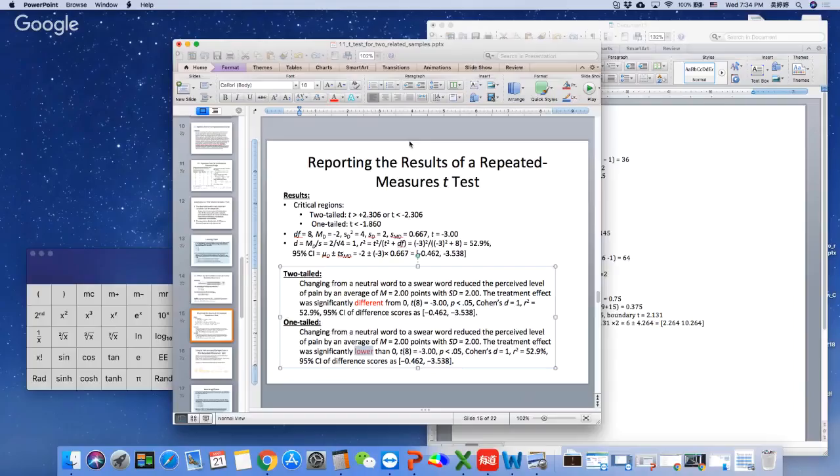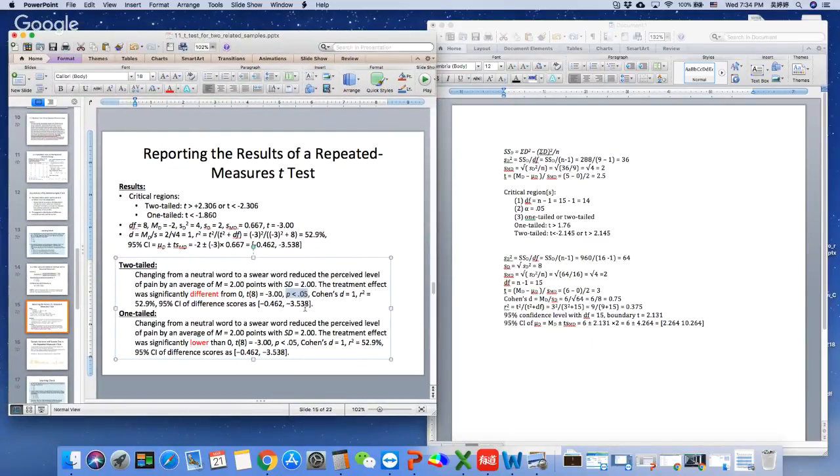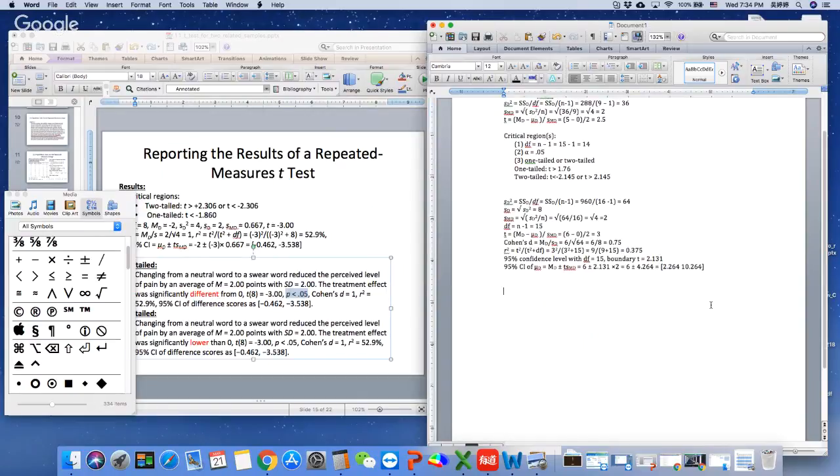I think lots of students have questions about what p smaller than 0.05 means. So let me write the explanation here.